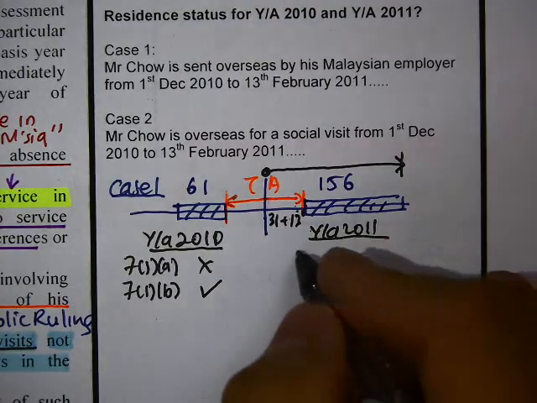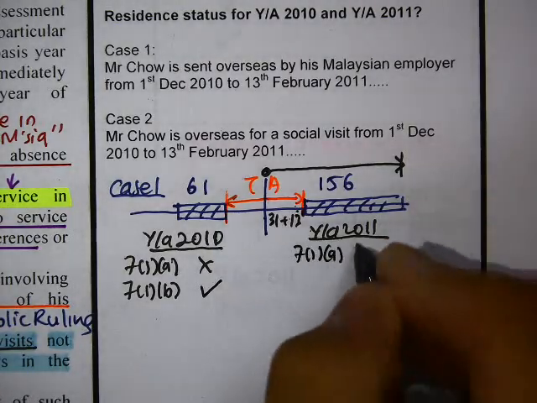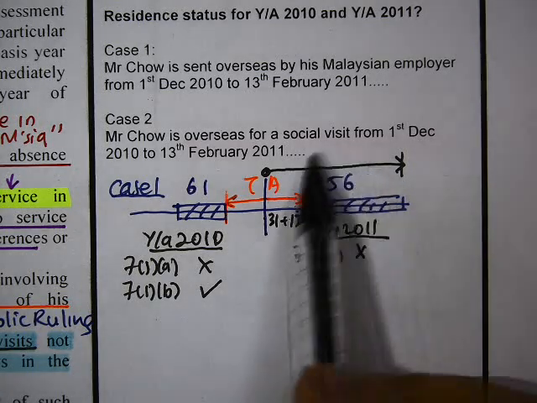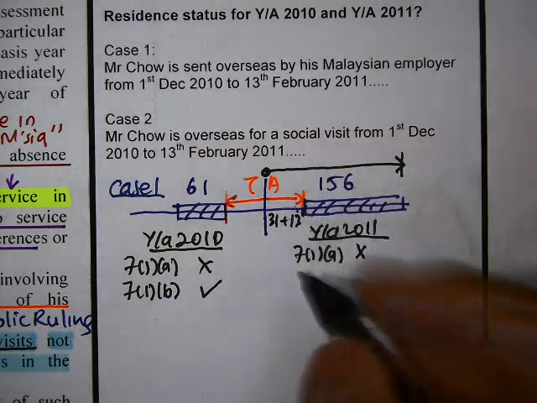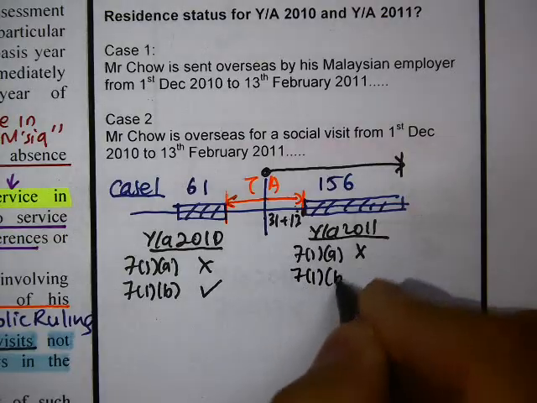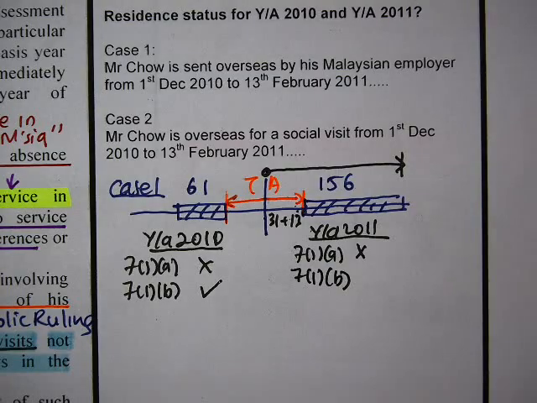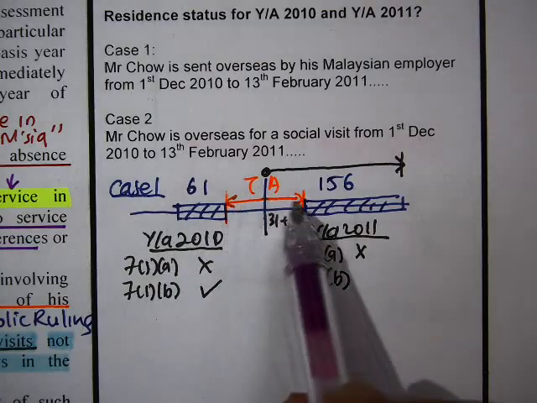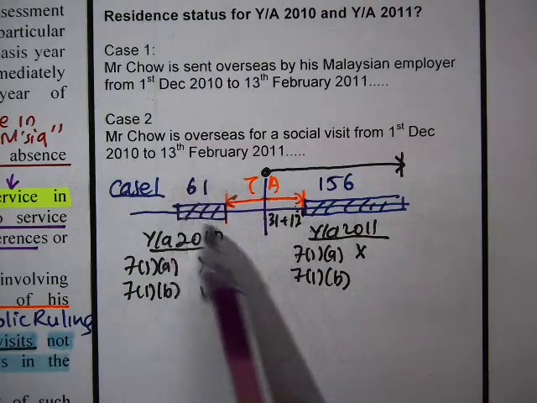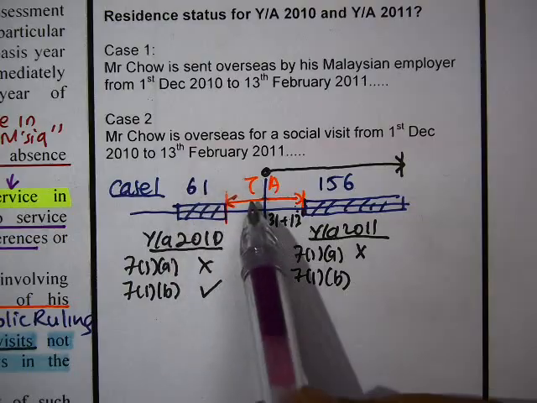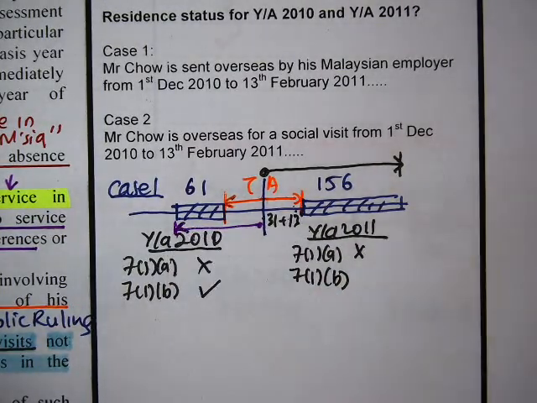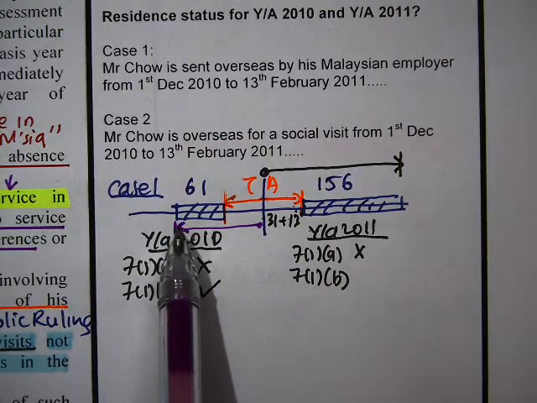Now for 2011, again, you fail A, since you only have 156, you do not have the minimum of 182. Now you're going to try 1B, and in this case 1B is you're going to borrow them from 2010. So no doubt you have a temporary absence that you're able to link, but the period that you're linking will be up to all the way here. And what date is this?